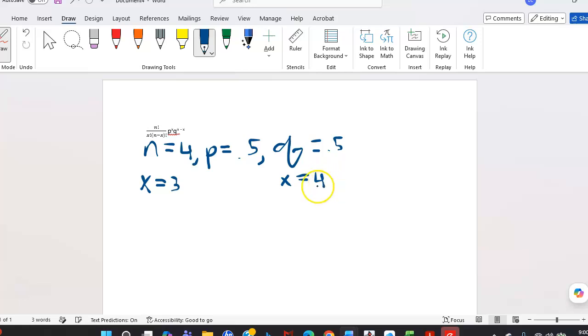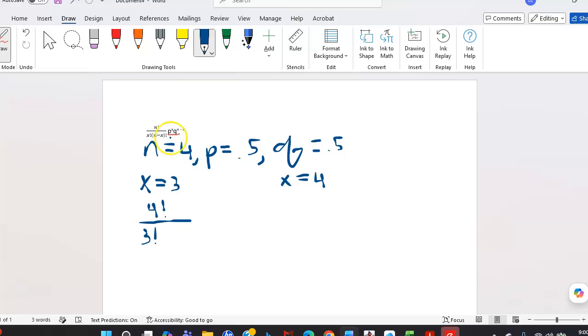Okay, so n factorial will be 4 factorial on top. On the bottom, x factorial will be 3 factorial. I know my little factorial symbol looks almost like a 1. Just realize that is our little exclamation mark.